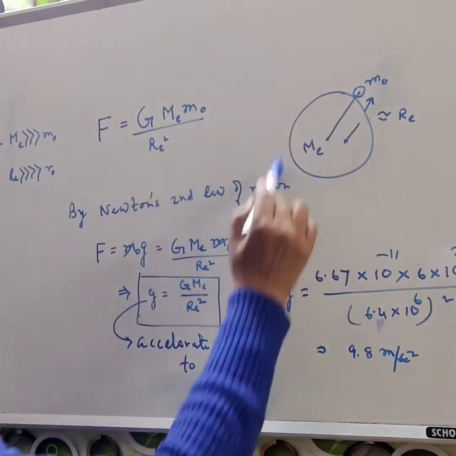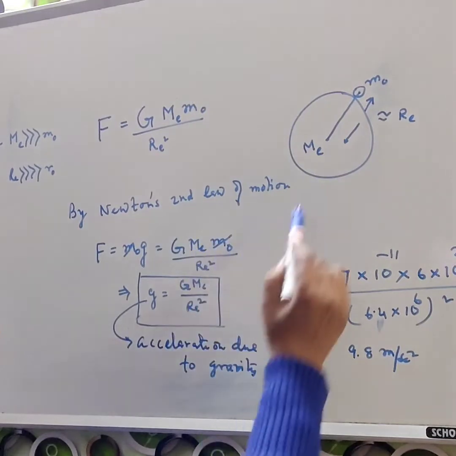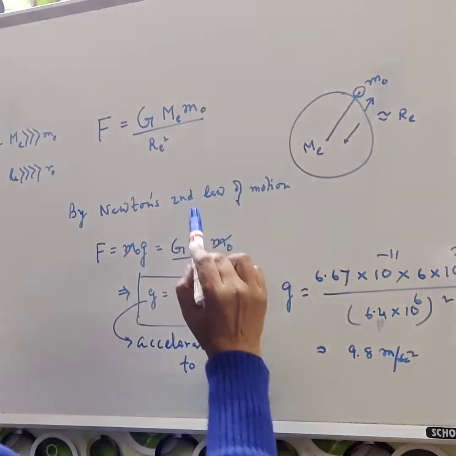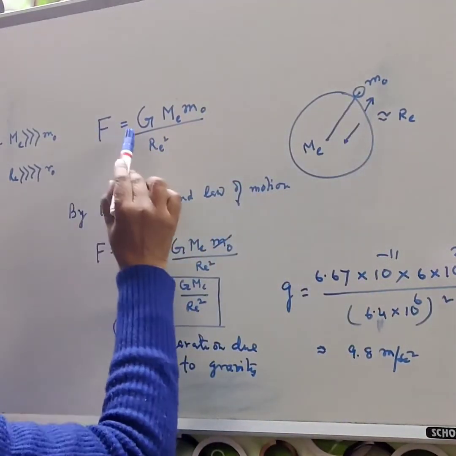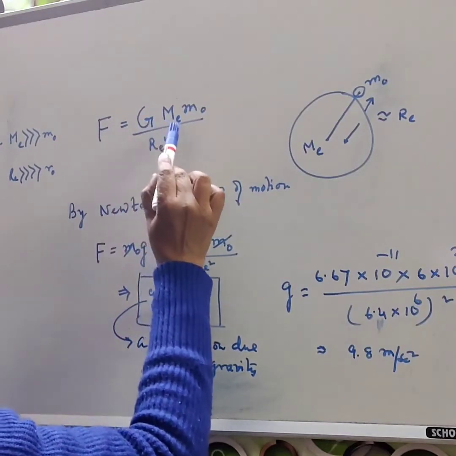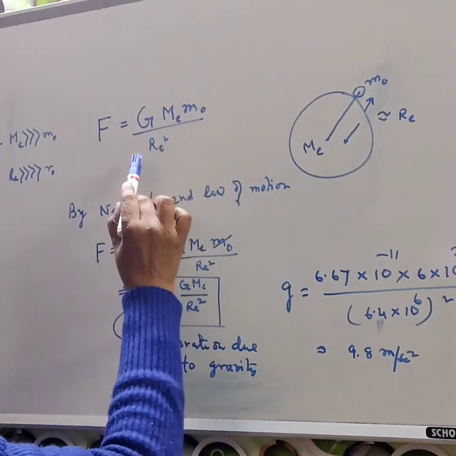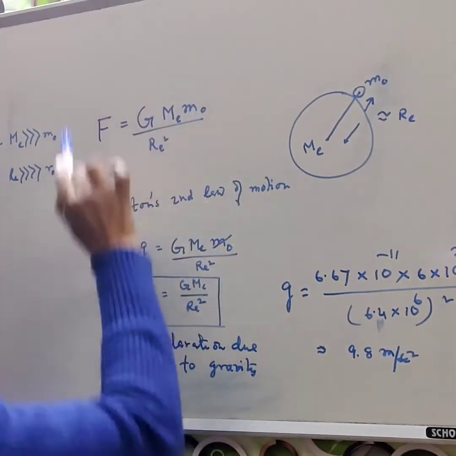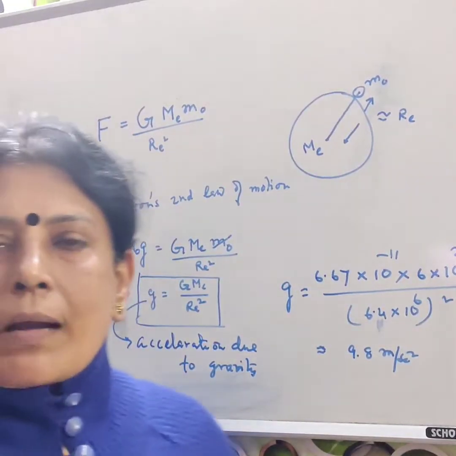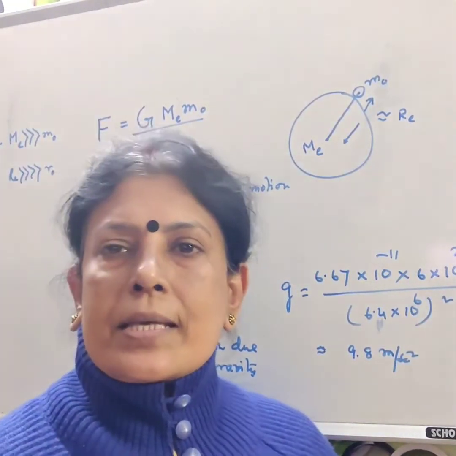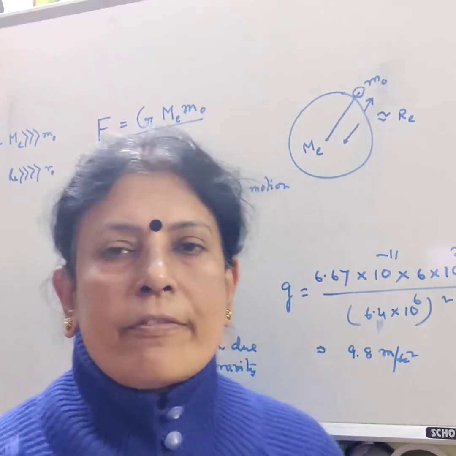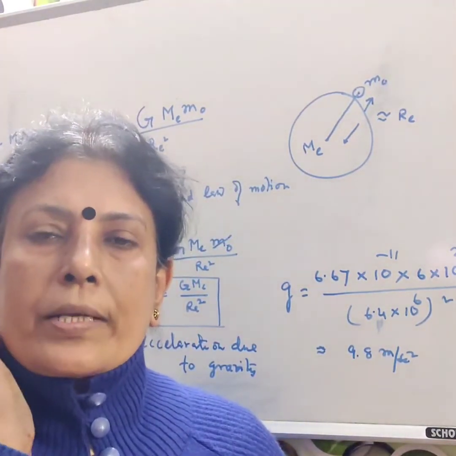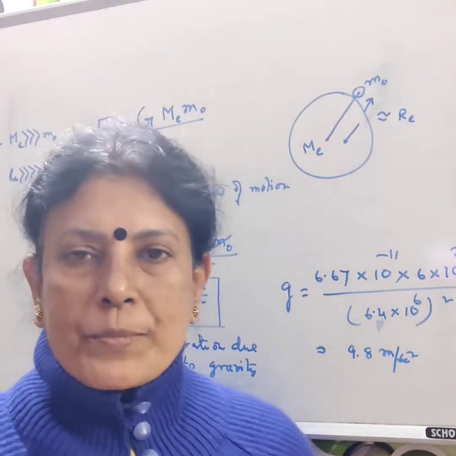So the mathematical expression of gravitational force between Earth and the object is F is equal to capital G into ME into MO by RE square. This gravitational force is termed as force of gravity since the mass of Earth is very high with respect to the mass of the object.